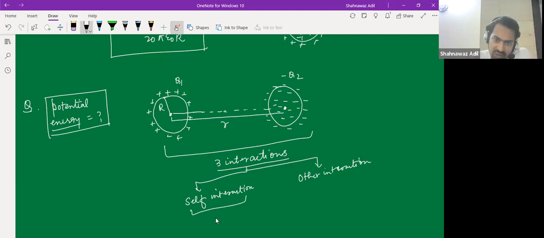Because this one is interacting with itself, so these charges have self-interaction energy. Similarly, this one also has self-interaction. Finally, these two are also interacting, so we have one other interaction. Understood?